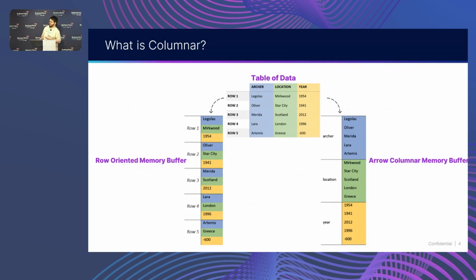Now, if you're not familiar with the term columnar or column-oriented, it's pretty straightforward. Typically, we think of structures and tables in terms of the row-oriented memory buffer you're seeing on the slide, an array of structs, whereas a column-oriented buffer is more like a struct of arrays, where you're grouping everything in the same column together in memory.